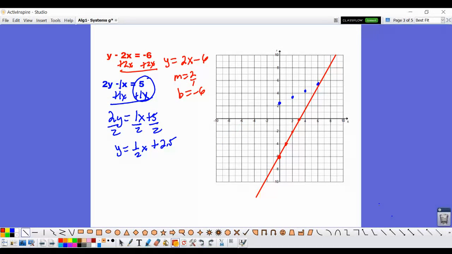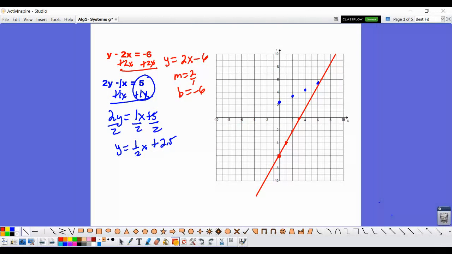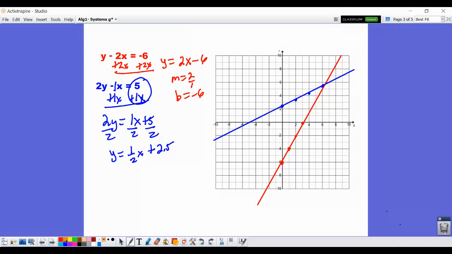Need to make a blue line. So blue line coming through here. Okay. So my point of equilibrium is here. Now that is an estimate because I can see that there's no way that I can tell exactly where that is because it's not exactly at the 6, and it's not exactly on the 5.